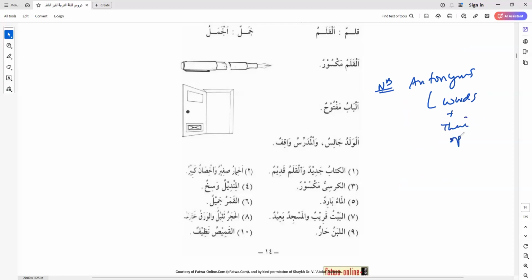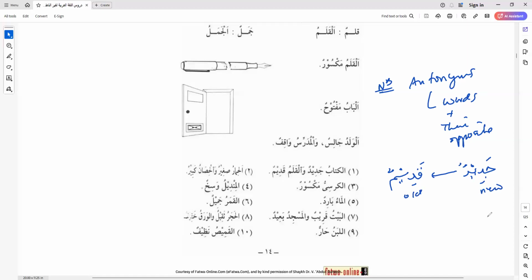For instance, when something is jadidun, the opposite is what? Qadimun, because if you are not new, then you are old.